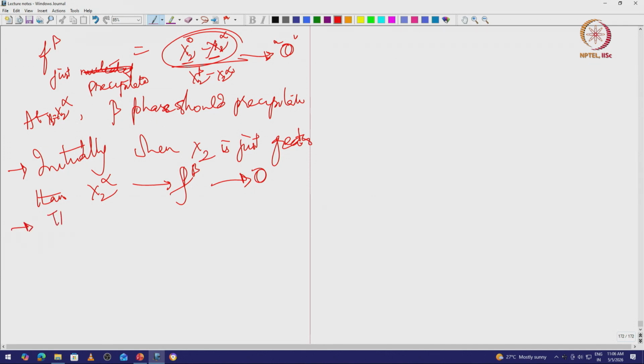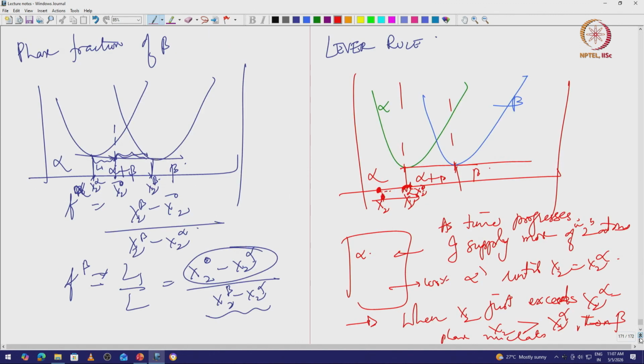Then I increase the flux of 2. By increasing the flux of 2 I am actually shifting the lever, shifting the midpoint or the equilibrium point of the lever. So I am moving from here to here to here and so on, along this direction, and once I move along this direction I am increasing this lever, right.